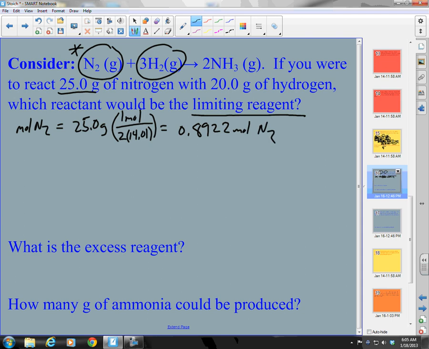So now, let's look at moles of ammonia. How many moles of ammonia could be produced by this nitrogen? Well, it's going to be 0.8922 moles of nitrogen times what? Well, my mole ratio, 2 moles of ammonia per 1 mole of nitrogen, right?